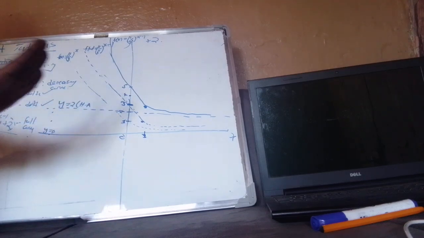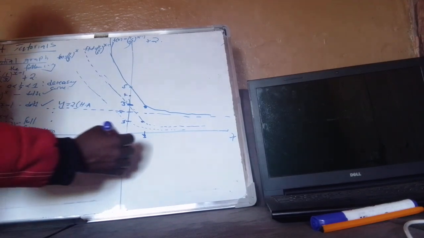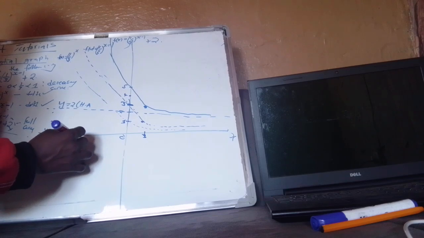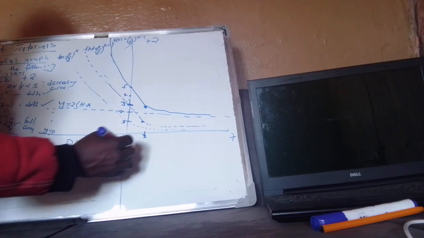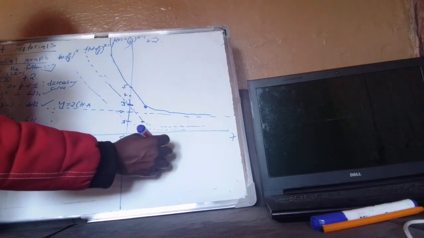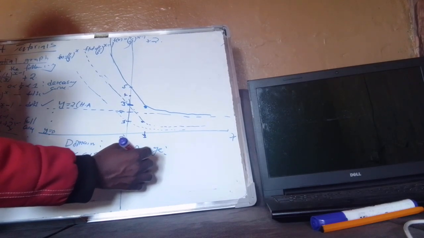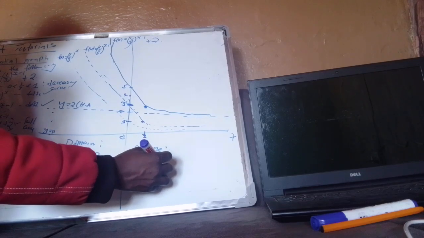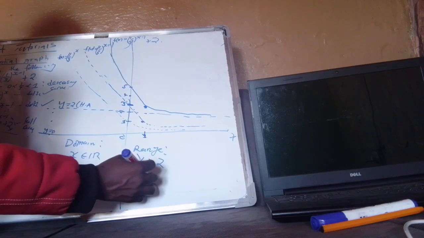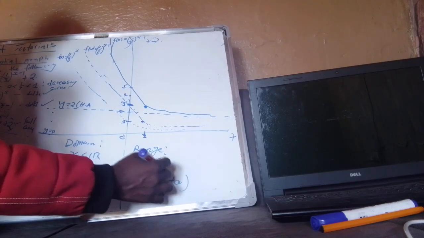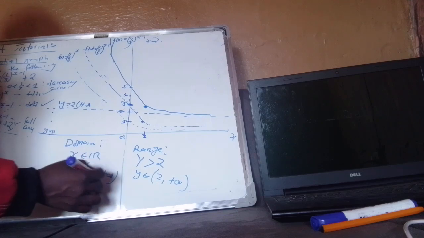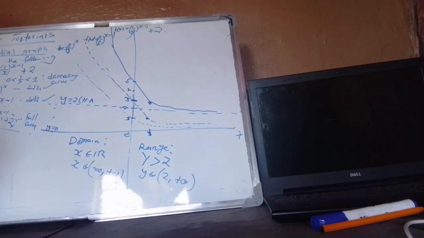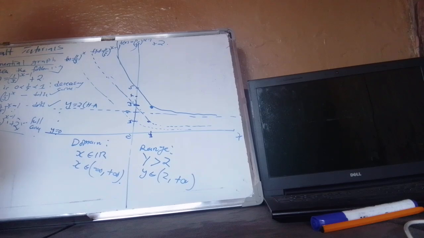What is the domain and the range? The domain is always all real numbers, but for the range, it comes from the asymptote: y greater than 2, implying that y is a member of 2 to positive infinity. Number 1, look at the base.